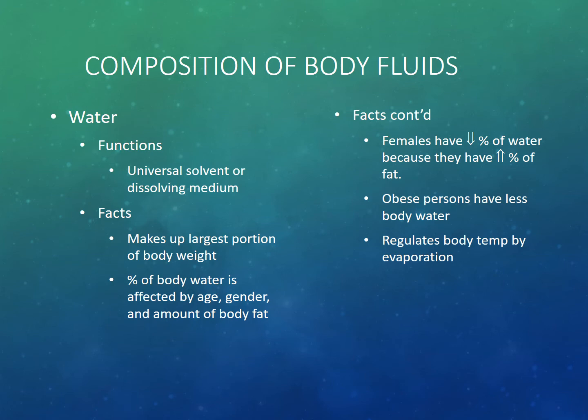Females, we discussed, have lower percentages of body water because they have higher percentages of fat. Males have higher percentages of body water because they have more lean muscle, and lean muscle is associated with water. I got a quick analogy for you. You ever bought a nice lean steak and then put it on the grill, and that steak, being lean, had water in it?